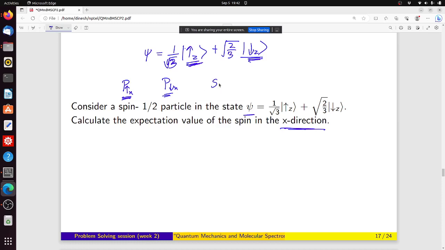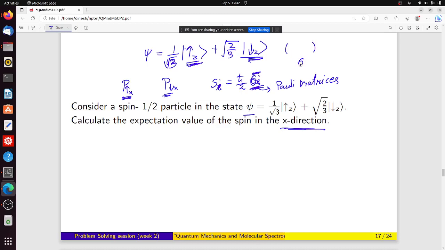So the spin operator in any direction, let's say x, is just h cross over 2 sigma x, where these sigma i's are the Pauli matrices. So do you know about Pauli matrices? They are 2 cross 2 matrices.